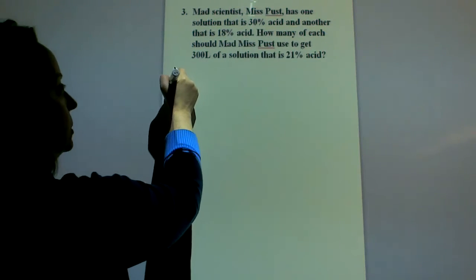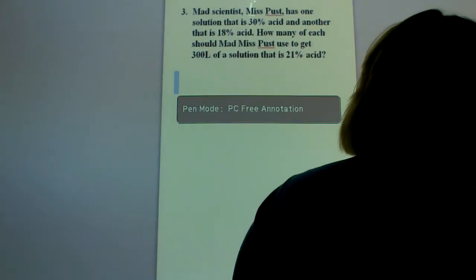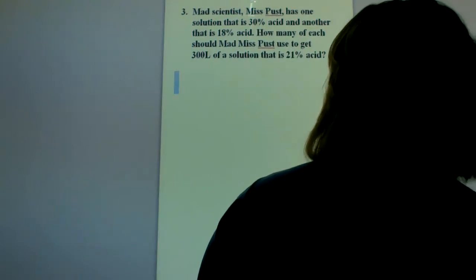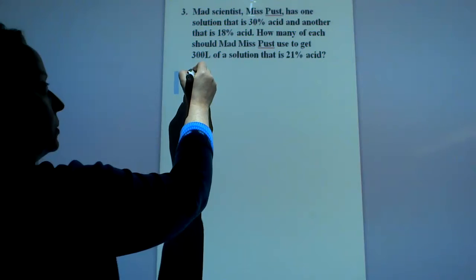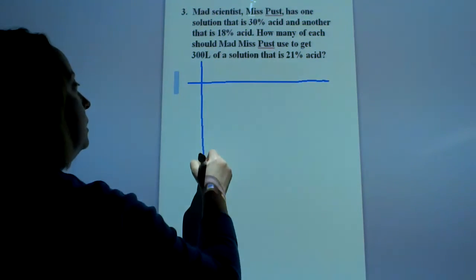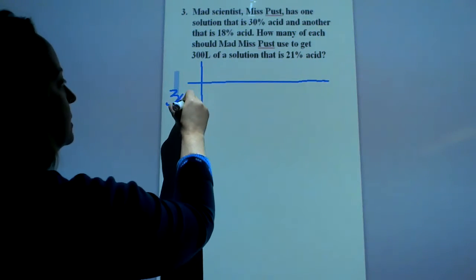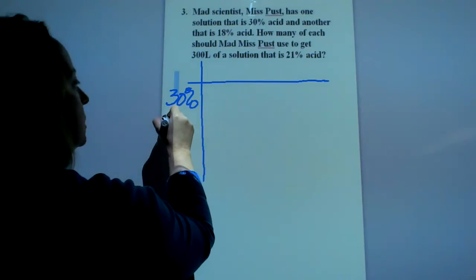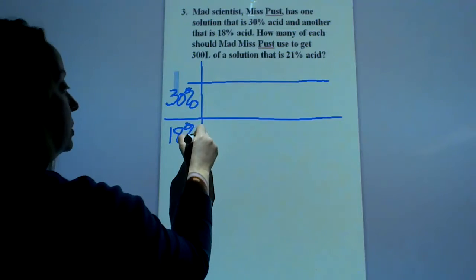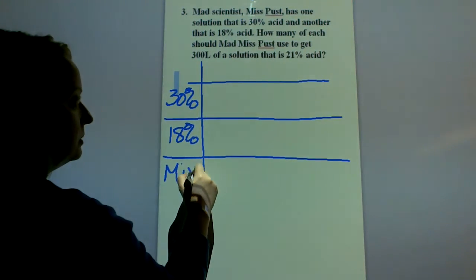Okay, so here's our chart. Here we're going to have our 30% solution, our 18% solution, and then we're going to have a mix.